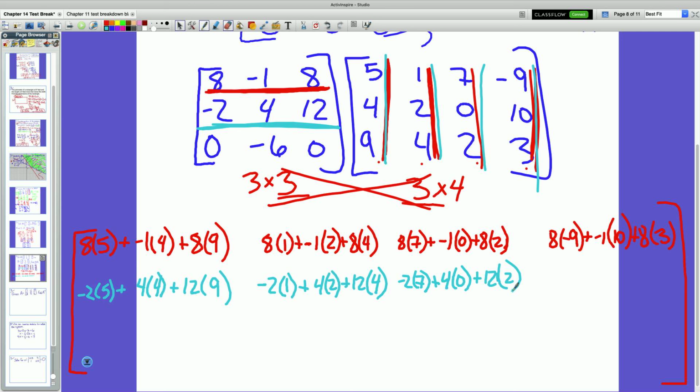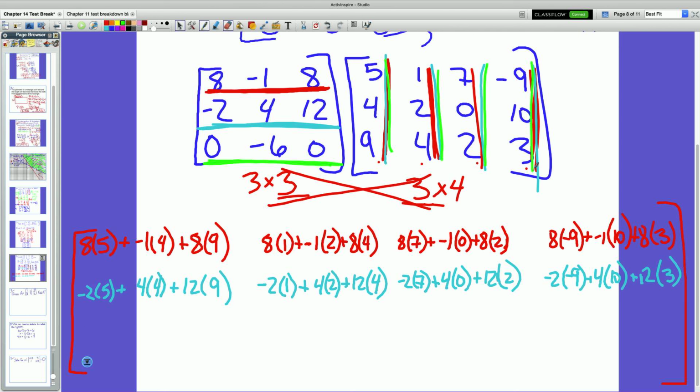Okay, and then I'll have negative 2 for the last column, negative 2 times negative 9 plus 4 times 10 plus 12 times 3. Okay? Then I move down and finally get to do my last row. This last row here with every column.